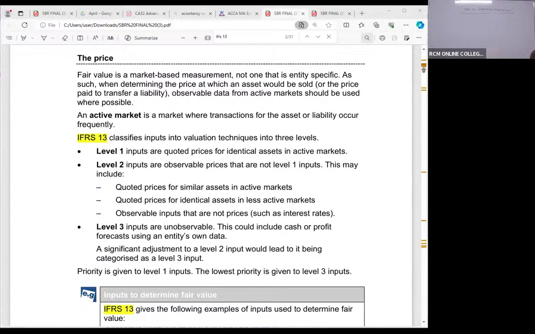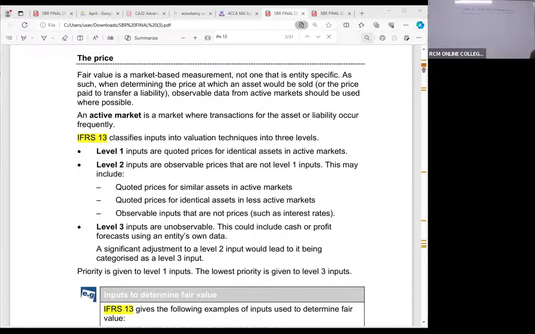So if you are told as a valuer, now you're coming in as a management accountant to help value Holy Family Basilica, you can't tell me that there was a church sold which closely resembles the Holy Family Basilica. No. So this is quite a unique asset.